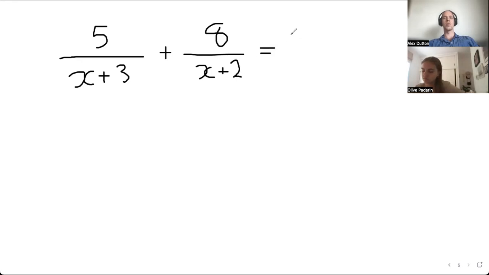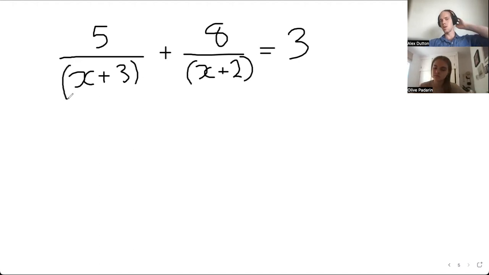Okay, does this look like a quadratic again to you? No, okay. There's no hint that it's a quadratic in terms of there's nothing being squared. However, if you multiply up by the denominators, you will see how this becomes a quadratic.